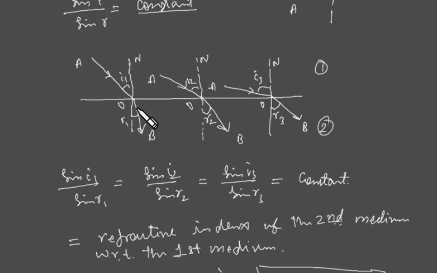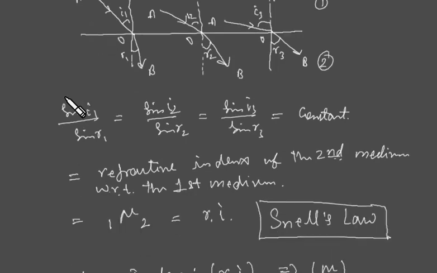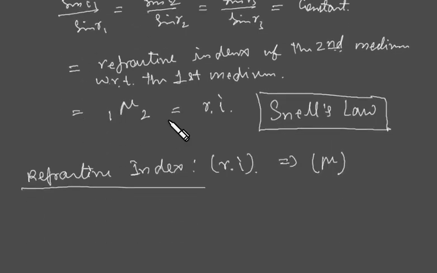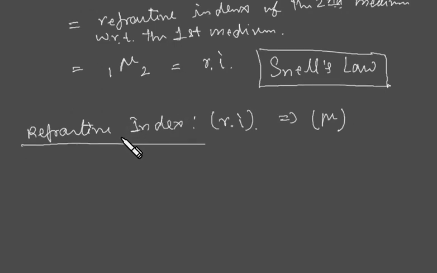But as we know, this bending of light is happening due to the change in velocity, so this must have something to do with the velocity, right?